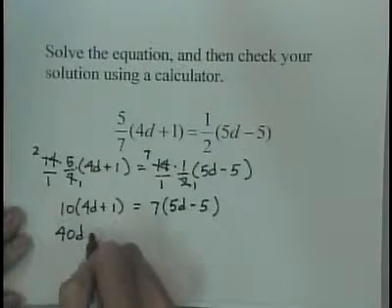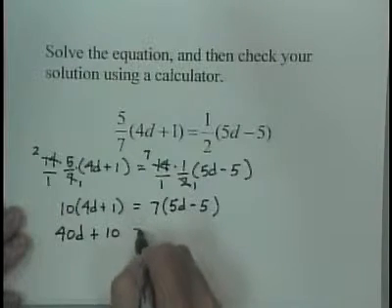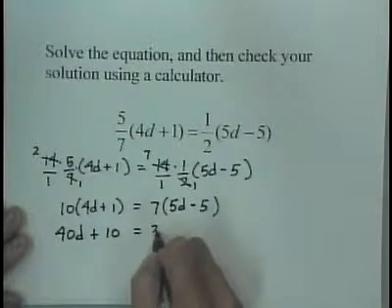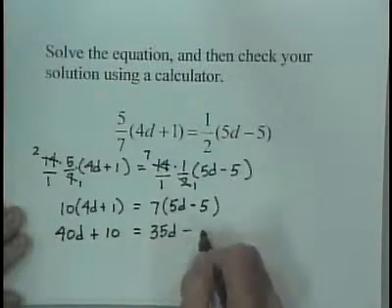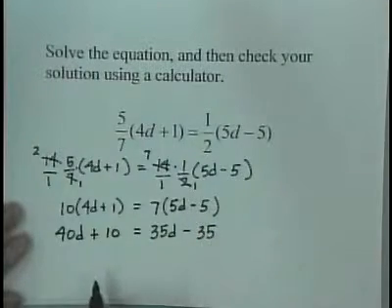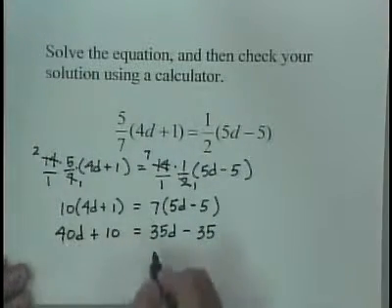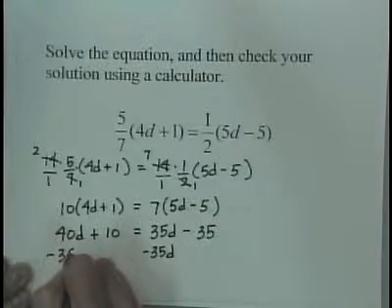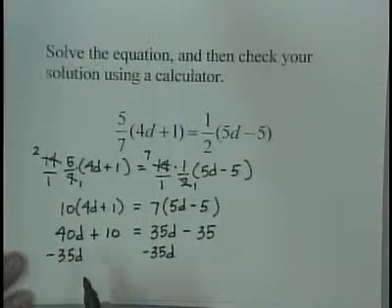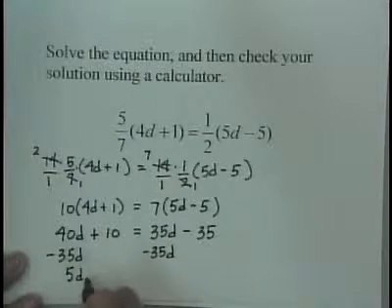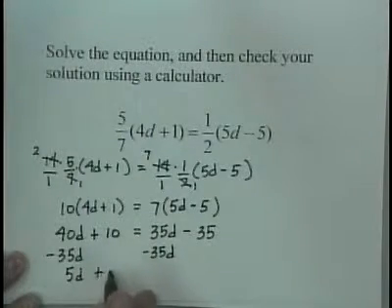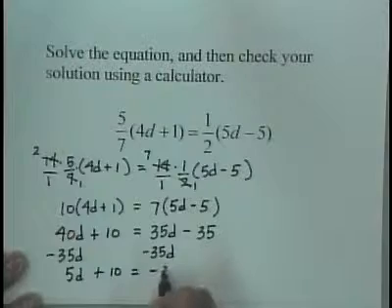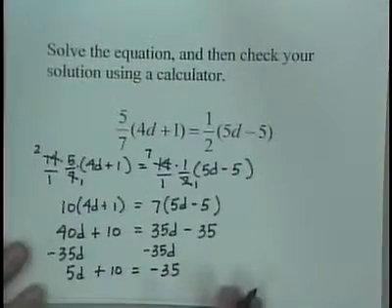Distributing 10, I get 40d plus 10. Distributing 7, 35d minus 35. At this point, I'll subtract 35d from each side of the equation to get 5d plus 10 equals negative 35.